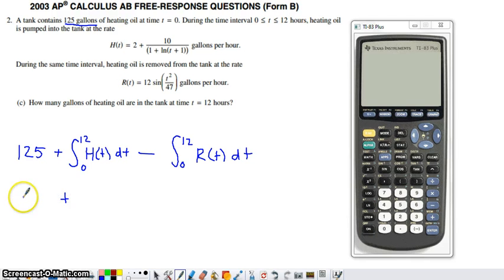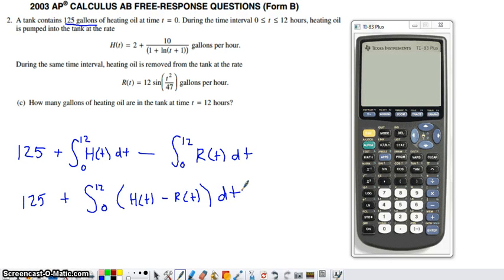I'm going to break this up into the difference of two separate definite integrals and rewrite it as a single definite integral from 0 to 12. So the function within my single definite integral is going to be h of t minus r of t. It will make using the calculator a little bit easier if we have it written in this form. We only have to evaluate one integral rather than two separate integrals.